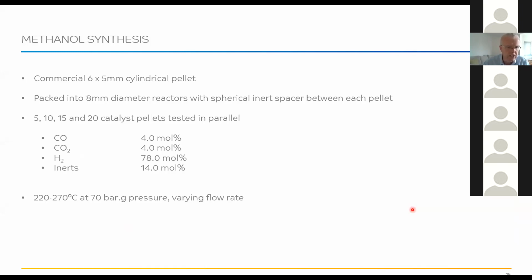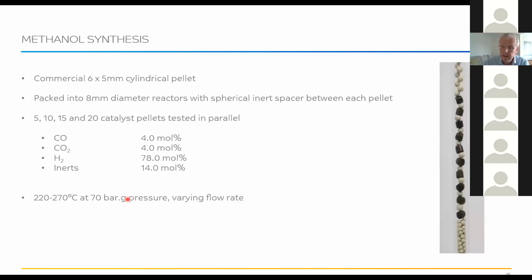And what I've looked at is testing reactors packed with 5, 10, 15, and 20 catalyst pellets in parallel, using a syngas composition which is typical of an industrial process. And we looked at a range of temperatures at 70 bar pressure, and also a varying contact time by varying the gas flow rate as well.